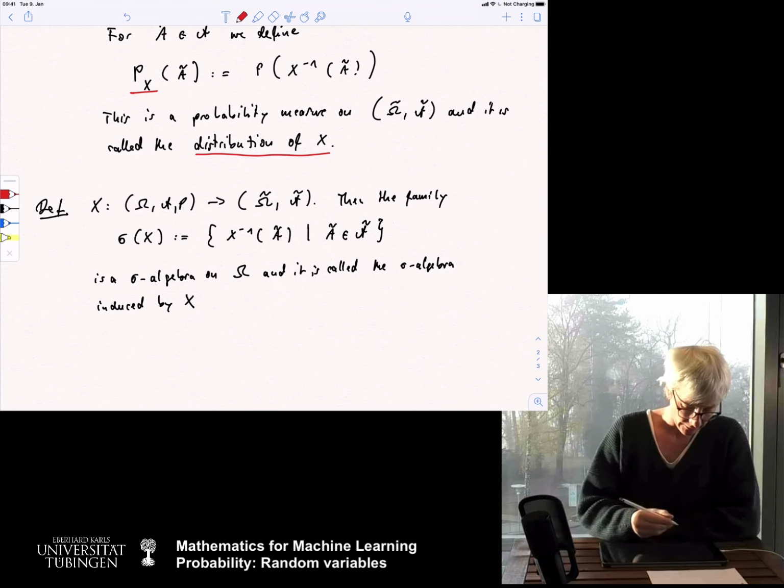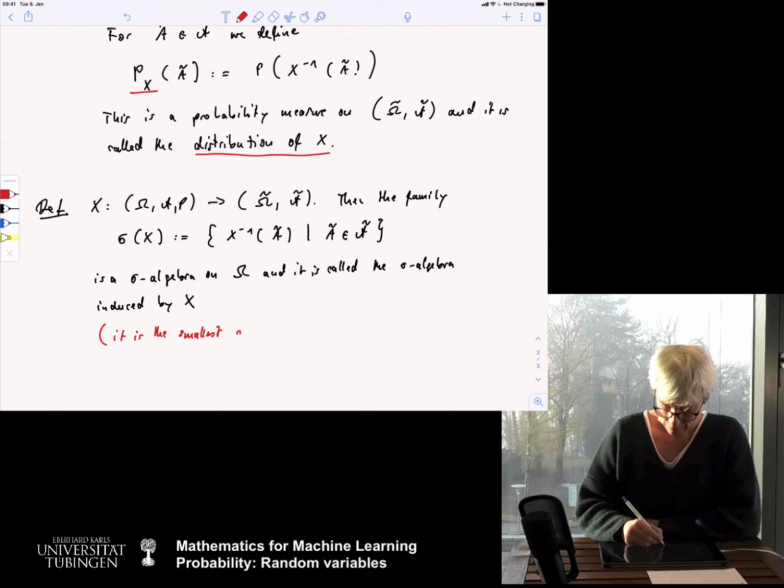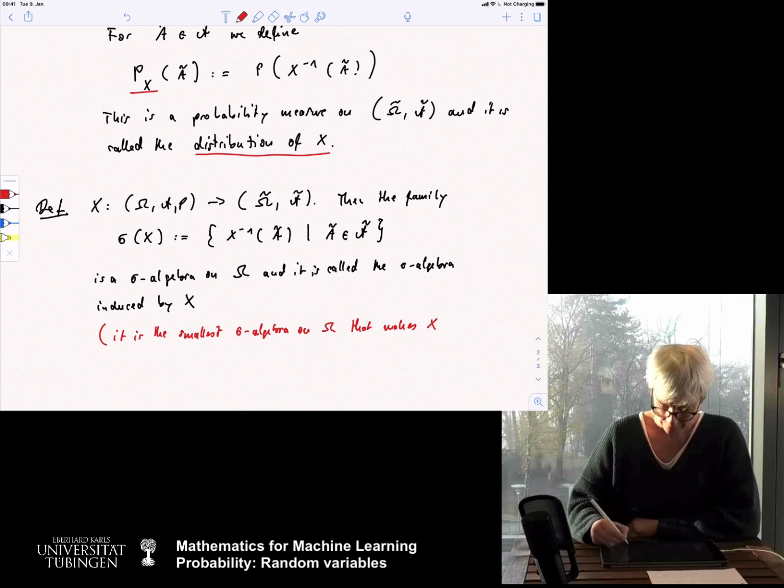Maybe I write this in red as a remark: it is the smallest sigma algebra on Omega that makes X measurable.